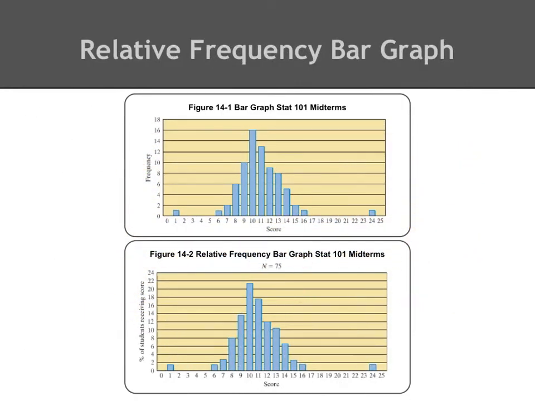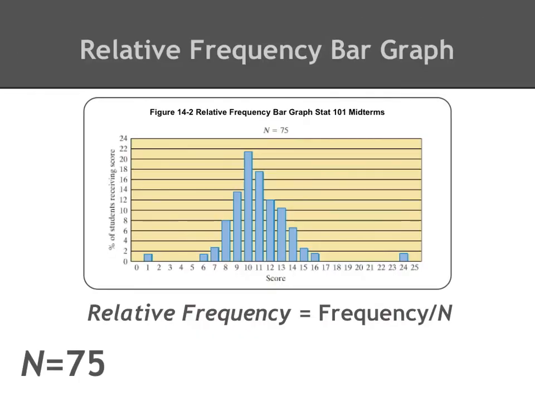Another graph that is very similar to a bar graph is the relative frequency bar graph, which shows the height of the bar as a percent of the total population. Here we can compare a bar graph and a relative frequency bar graph to see how similar they are. If we again look at those who scored a 12 on the exam, we find the relative frequency by substituting our values into this equation.